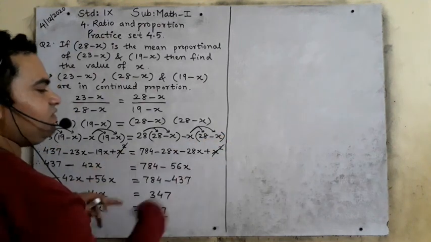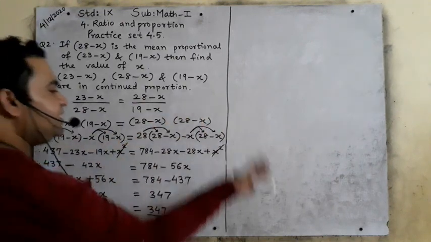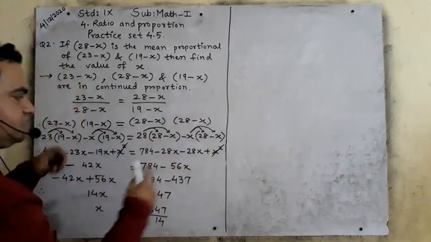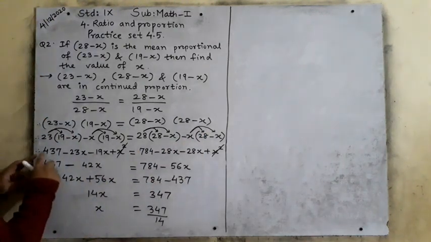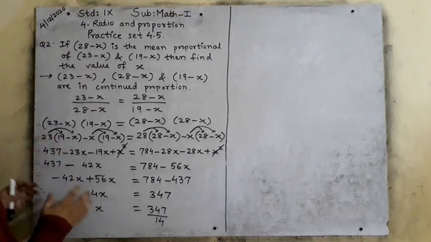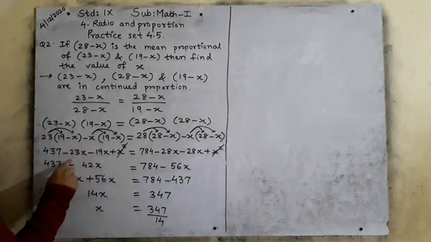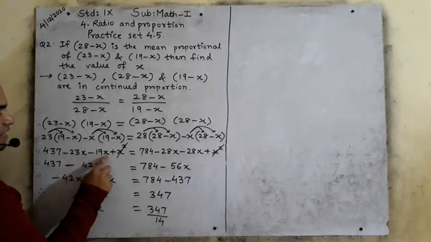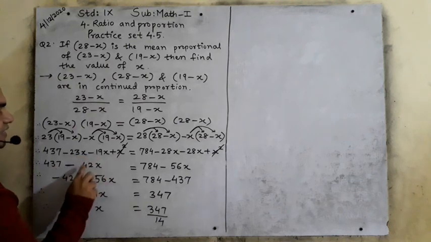Again x square and x square will cancel. Why? Because it is equals to, left hand side and right hand side. If you see the same numbers, they will get cancelled, they will get 0. Okay. Now see, whatever balance remains or is left, we will calculate. 437 and these two are like terms. Minus 23x minus 19x, minus minus minus, addition of numbers, 23 plus 19 is 42.